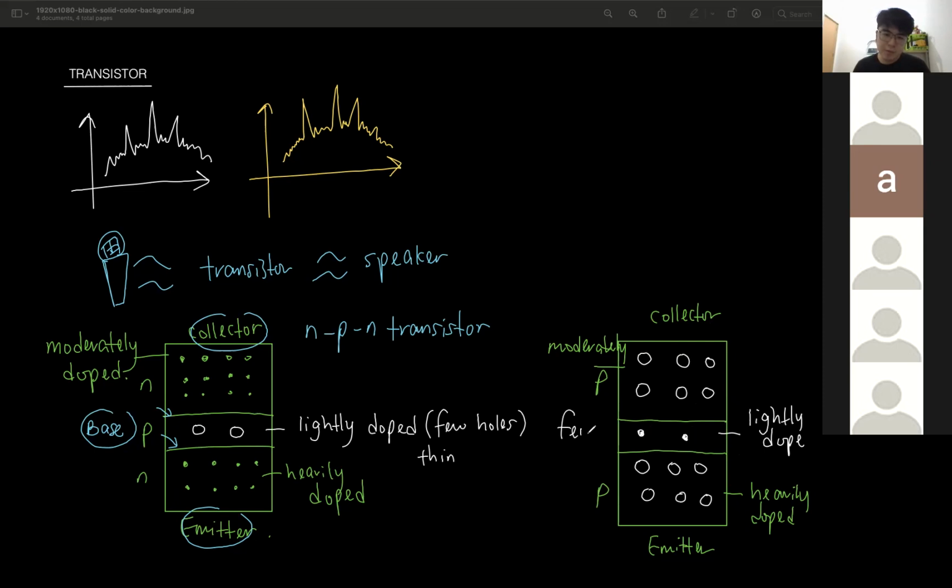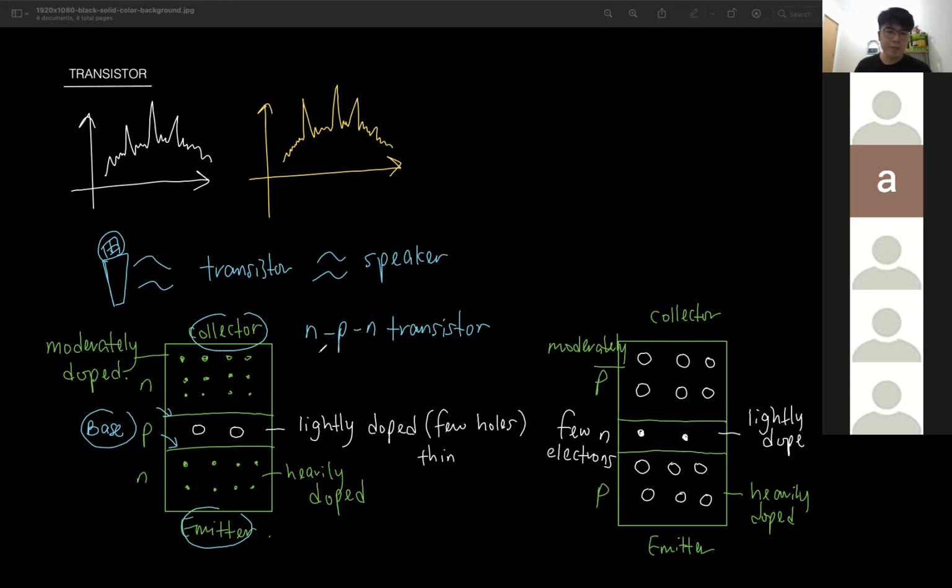Okay, so for this PNP, the base has few electrons. For the NPN, the base has only a few holes. Okay, focus on the base because the base is the most important, at the middle, this layer here.